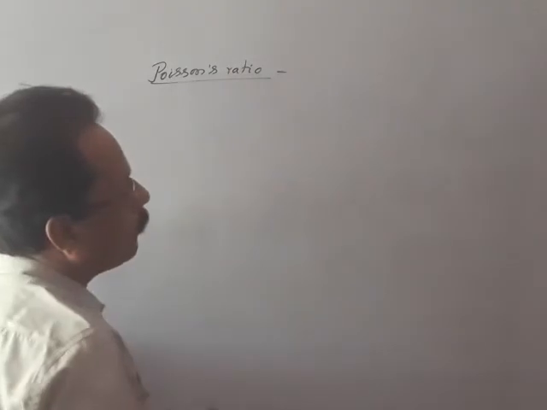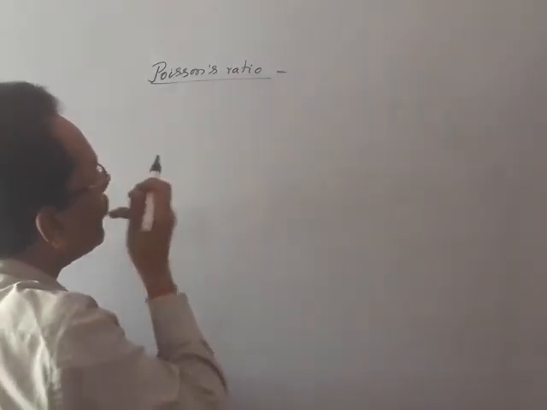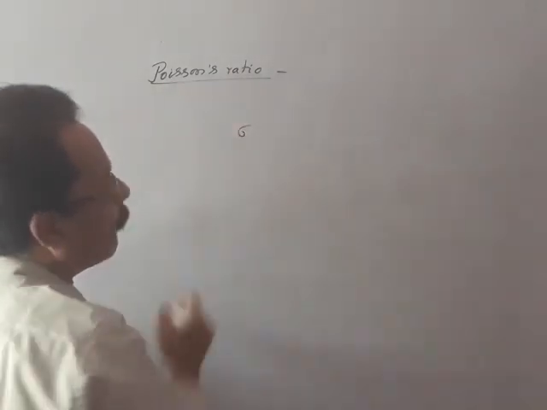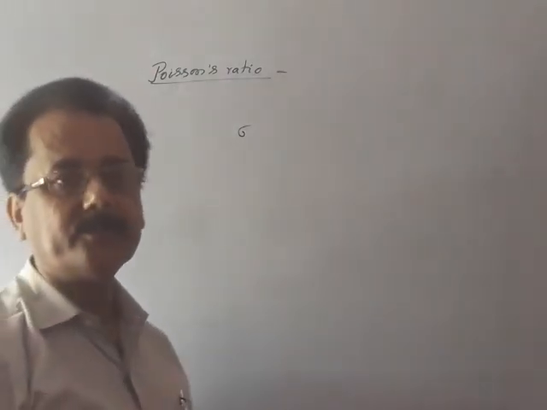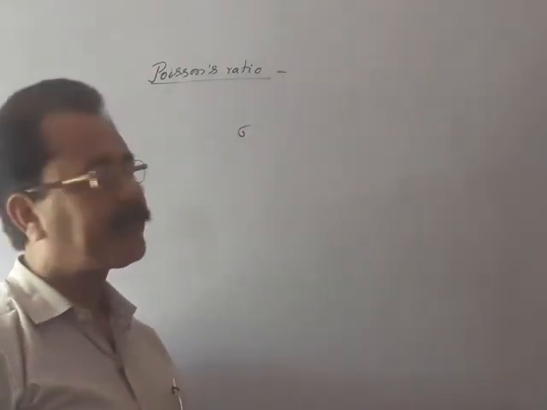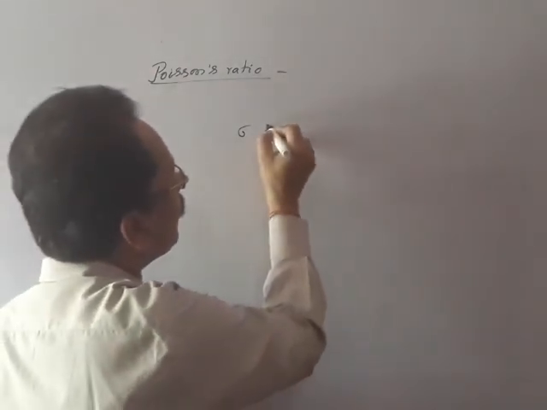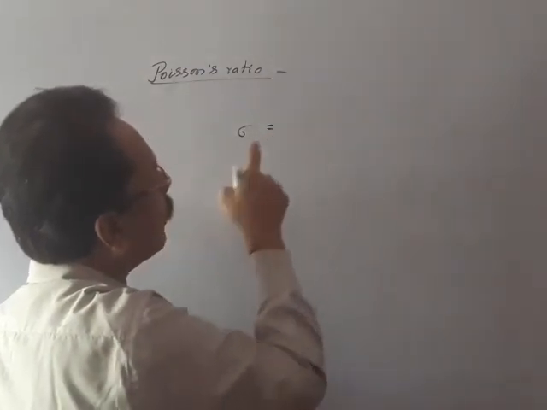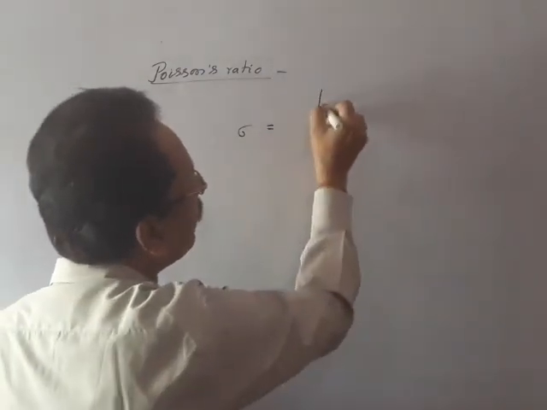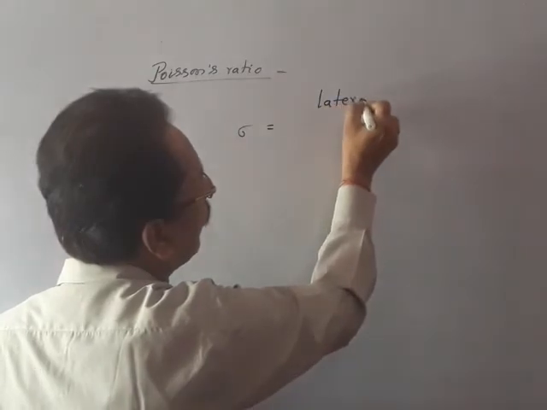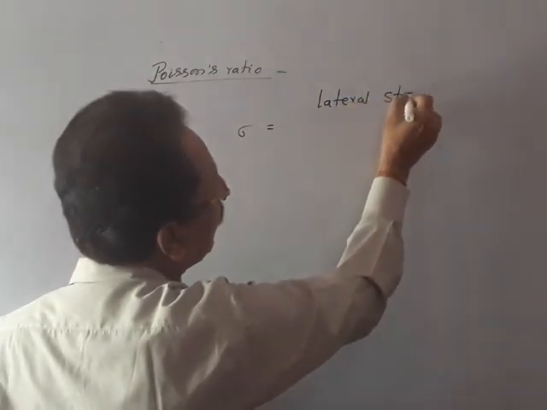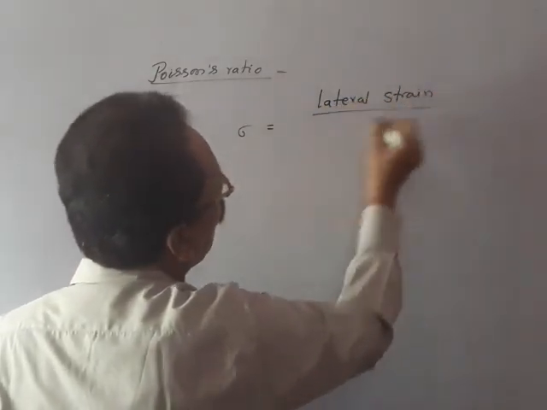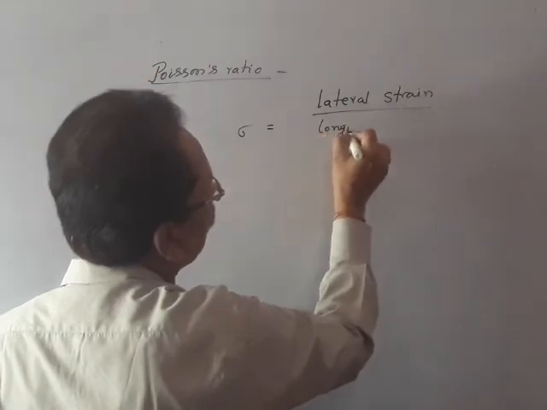Poisson's ratio is represented by sigma, and this is the ratio of lateral strain to longitudinal strain.